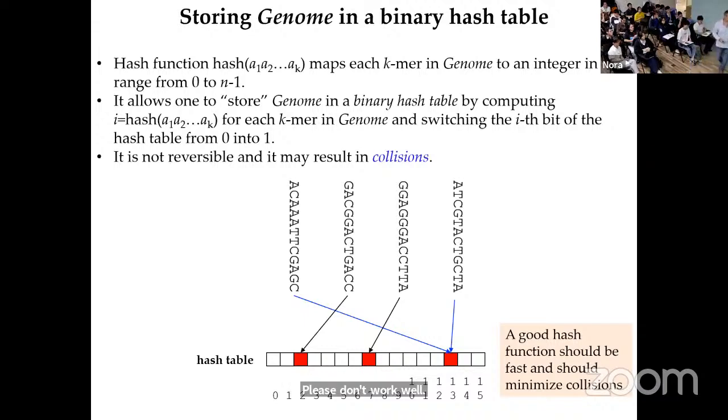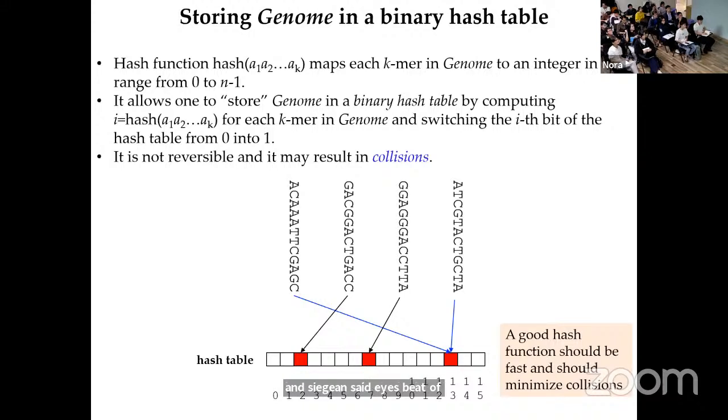So what we will do, we will have a hash function that simply hashes every k-mer to an integer in the range from 0 to n-1, a hash table of size n. And it allows us to store the genome in this binary hash table. It's binary, every element is a bit, by computing its hash and switching the ith bit of the hash table from 0 to 1.